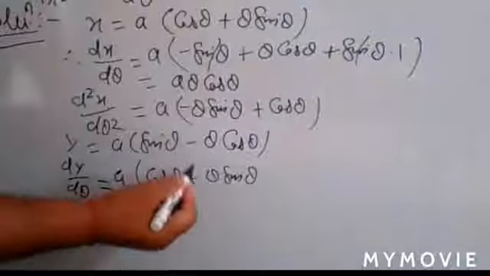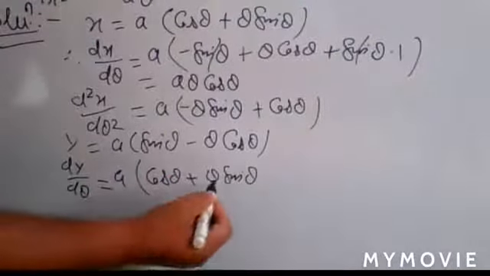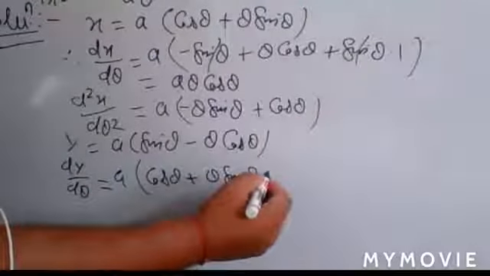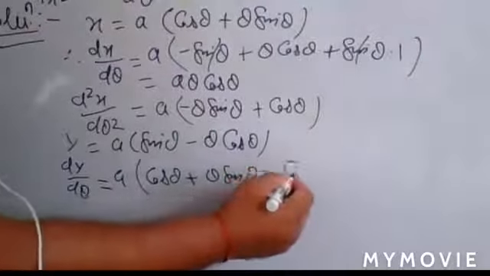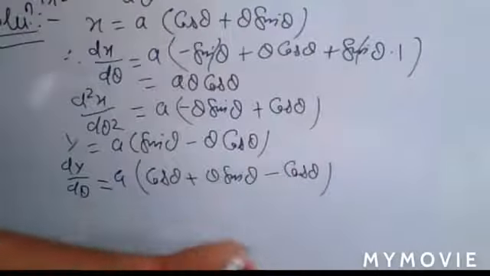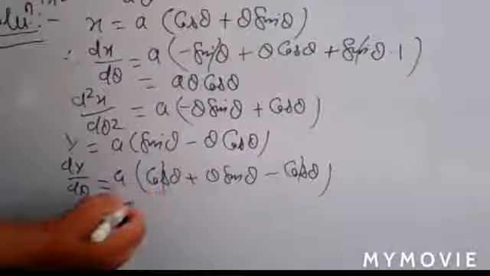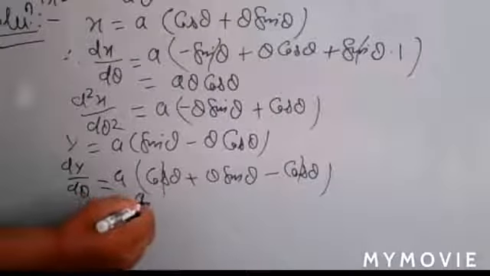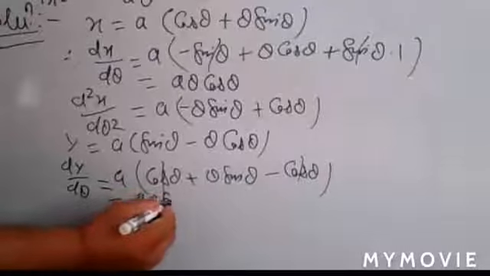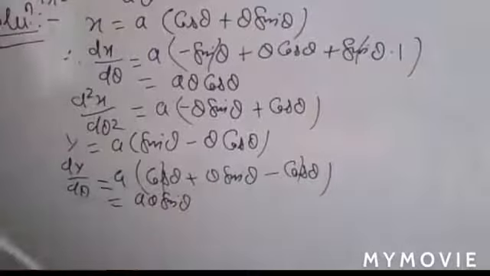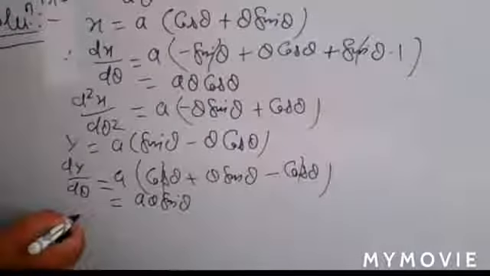Due to this negative sign it becomes positive, plus second function, cos theta. So cos theta and cos theta cancel out, and you have a theta sine theta.